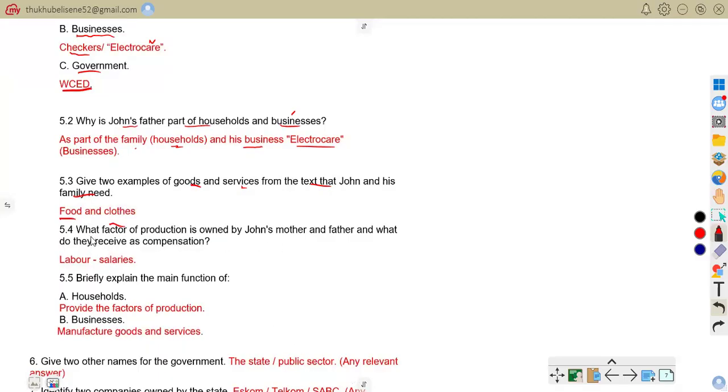Then, what factor of production is owned by John's mother and father, and what do they receive as compensation? Labor. They are working, both mother and father of John, because one is a teacher, while the other one is working at Checkers, and is also repairing the electrical appliances. So their payment there is salary.